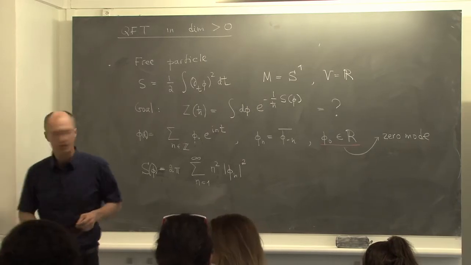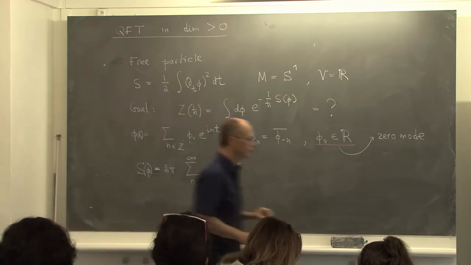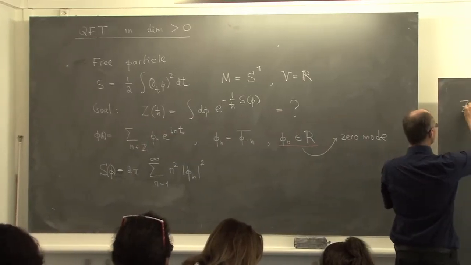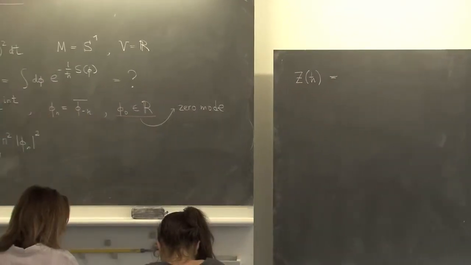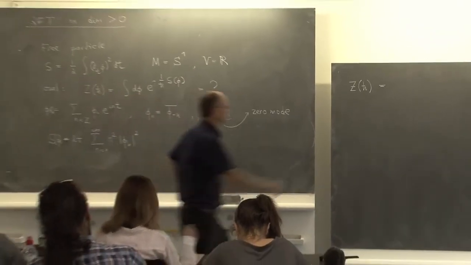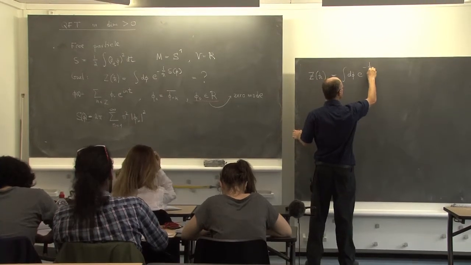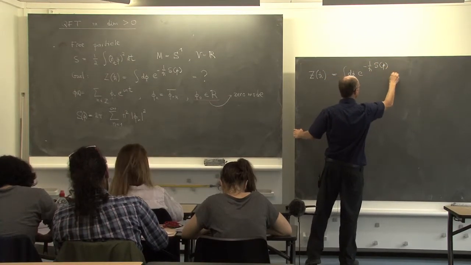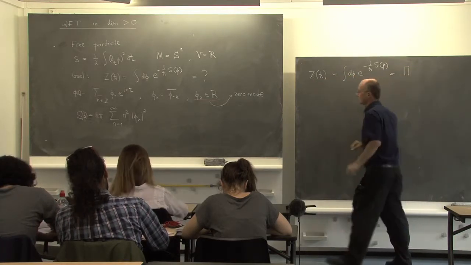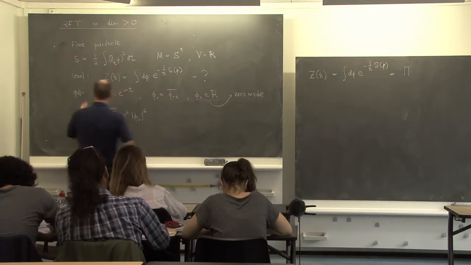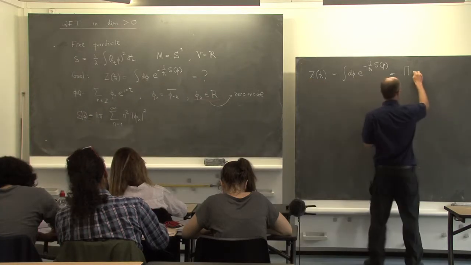Right. So now let's at least formally try to write down an expression for Z of h. And well, so that's this integral of e to the minus S of phi. And one naive attempt to make sense of it might be as follows. Let's say this is simply a product over integrals over various Fourier modes. Why not?